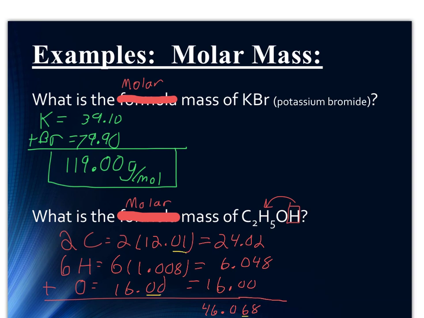I need to go to that second decimal, which is the 6. The 8 tells me to round the 6 up. So I get 46.07 grams, or grams per mole. I'm not going to repeat myself on that. And so what we end up with is the molar mass of ethanol.